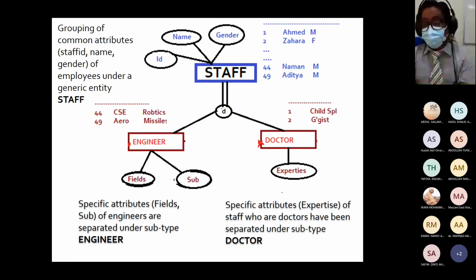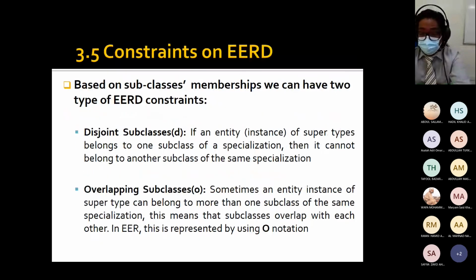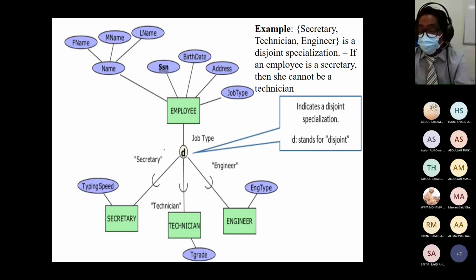So just for now, we only tackle a few of those of the EER model, so that at least by the end of this chapter, we will try to answer one of the scenarios and how to put them in the EER model. Okay, so just remind me, we just stopped on the disjoint, right? We only stopped on the disjoint because, of course, taking consideration of the overlapping depends on the scenario. To tell you frankly, okay.